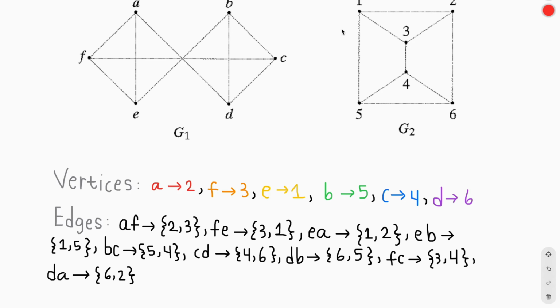The first thing I see is that I have a triangle here, and I also have a triangle here. Similarly, I have another triangle on this side, and I have another triangle on this side in G2.